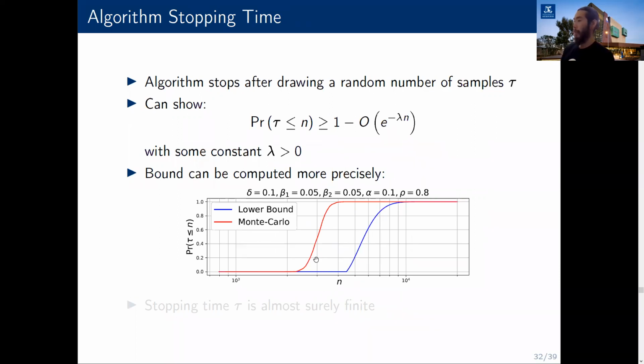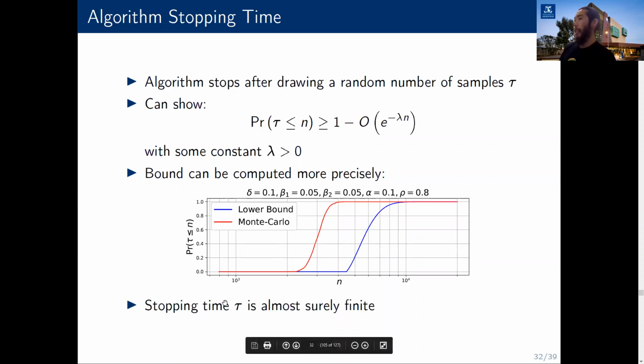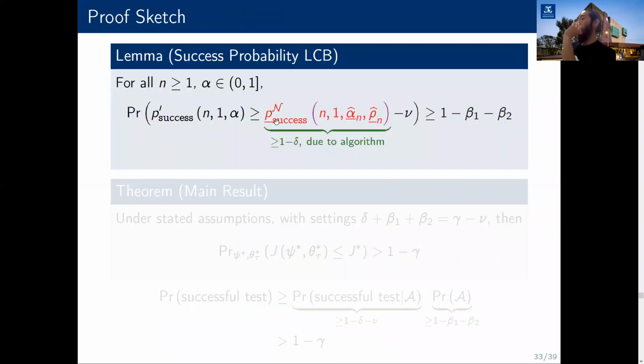In this example, it's within 1 order of magnitude compared to a simulation of the algorithm. But the key takeaway is that we can show that our stopping time tau is almost surely finite. We stop when this lower confidence bound for the success probability for the Gaussian copula case is at least 1 minus delta.